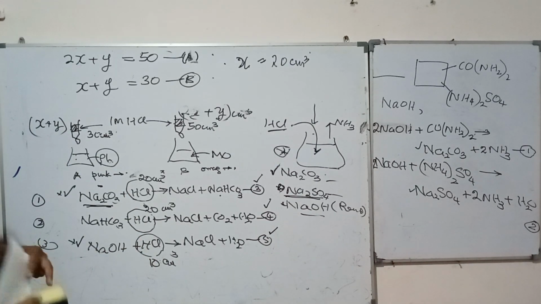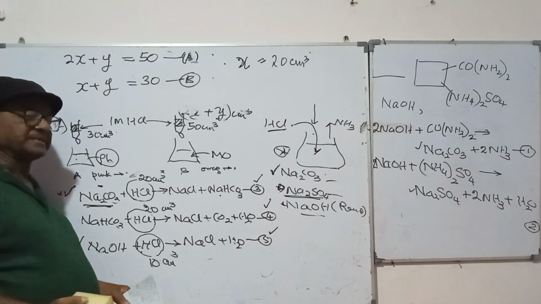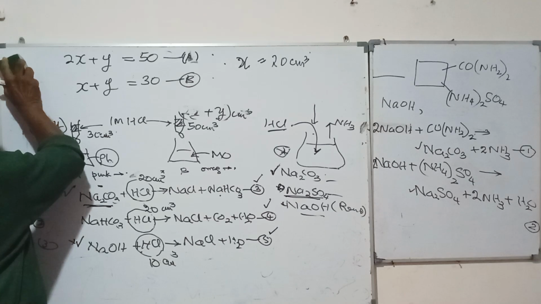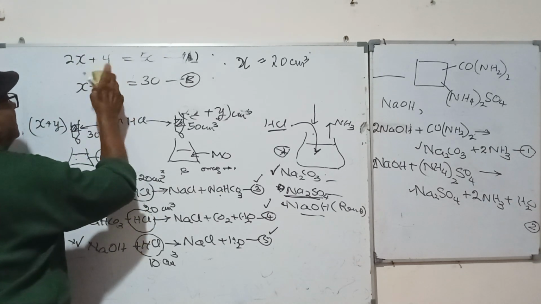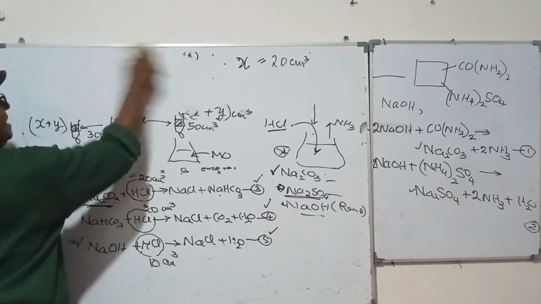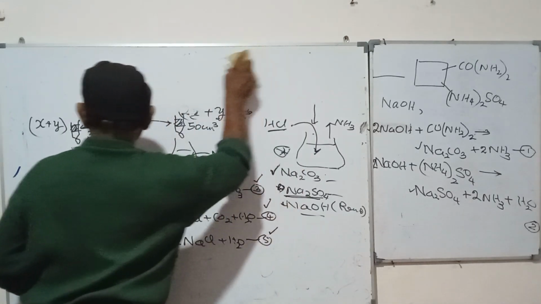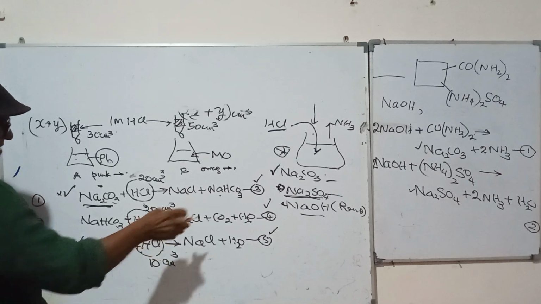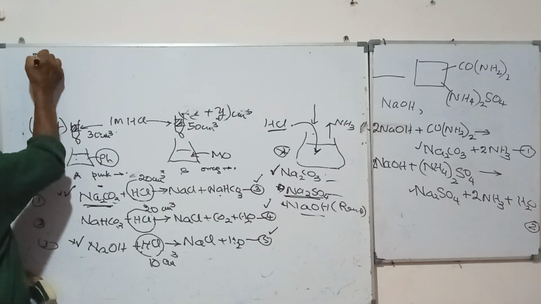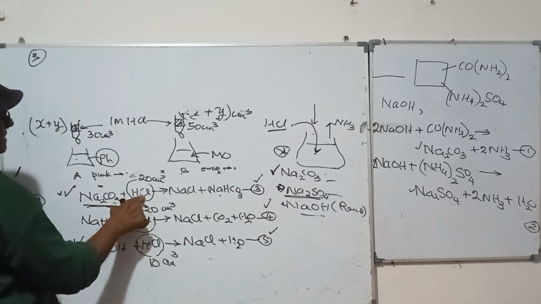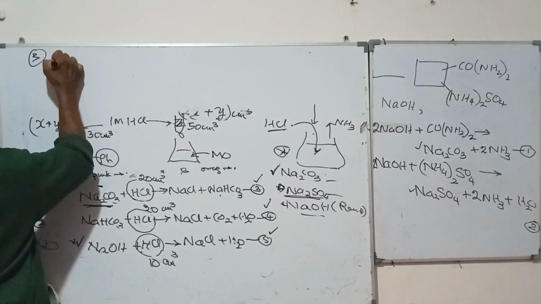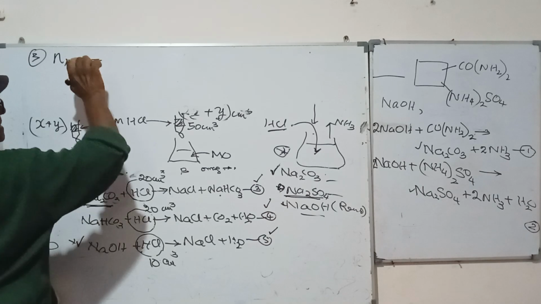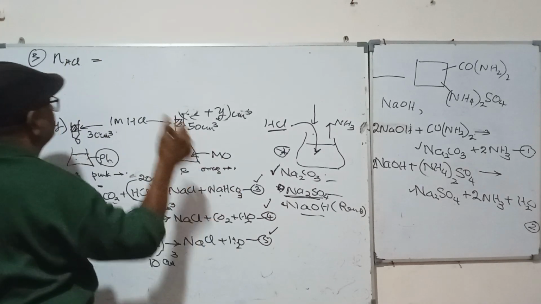Up to that, is it clear? Then I'll go for the calculations. Taking the third equation, number of moles of HCl equals concentration times volume.